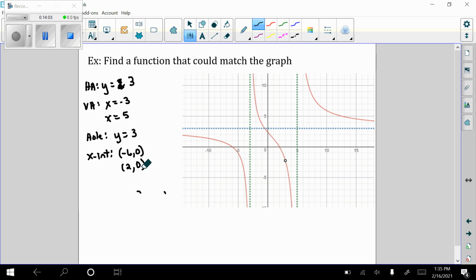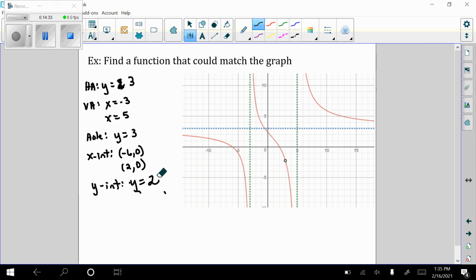And I have a y-intercept. It looks like about, we're going to call it 2 just to make it a little bit easier. It's probably a little bit above 2, but we'll call it y equals 2. We'll check that when we get done.